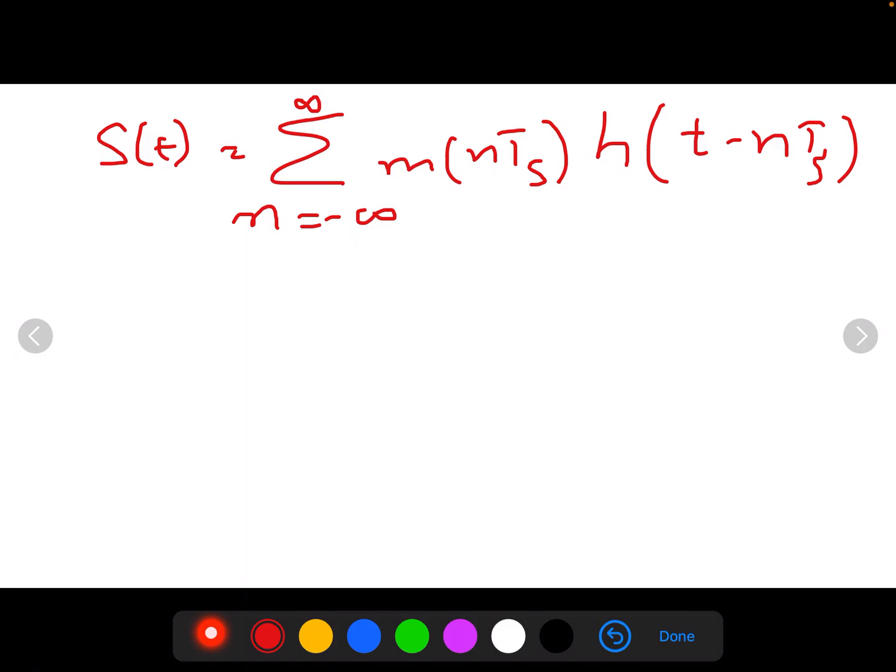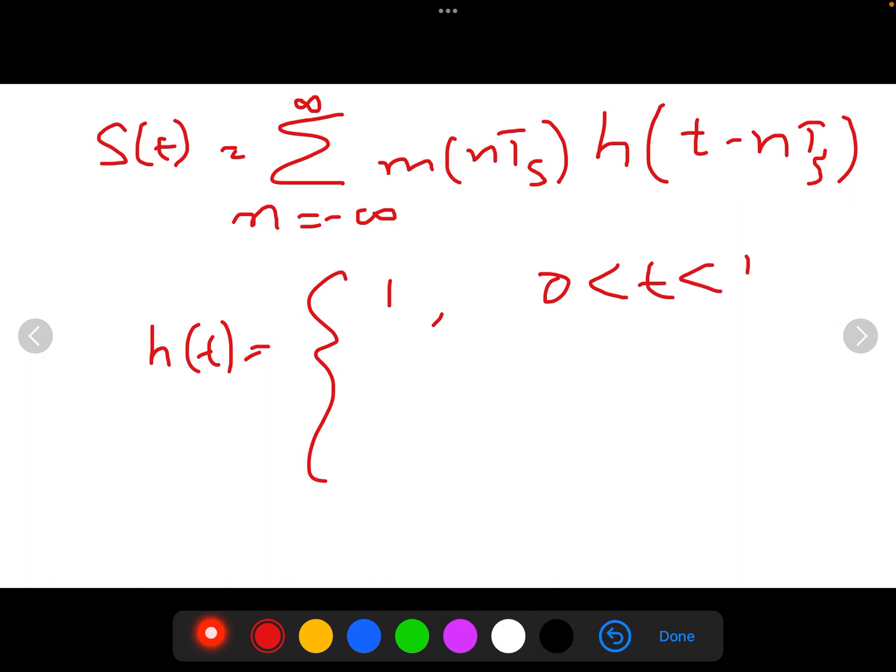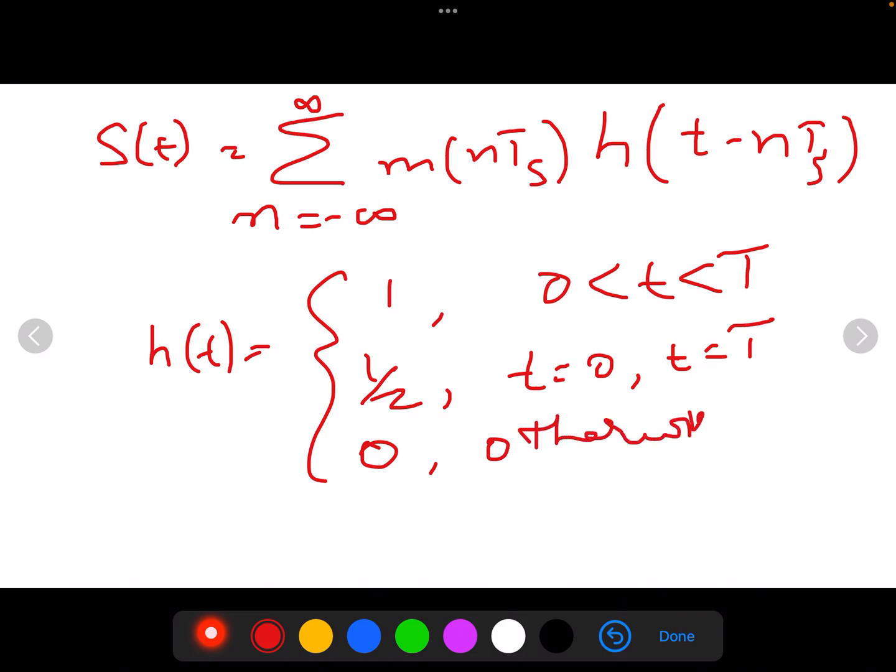Where h of t is described as follows: 1 for 0 less than t less than capital T, half when t is equal to 0 and t is equal to capital T, and 0 otherwise.